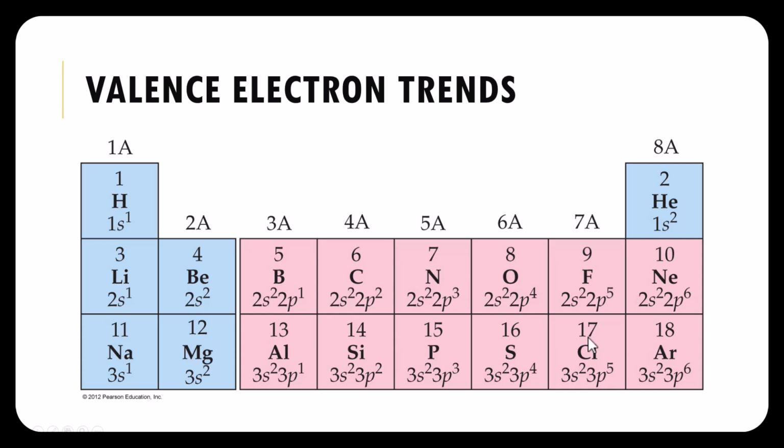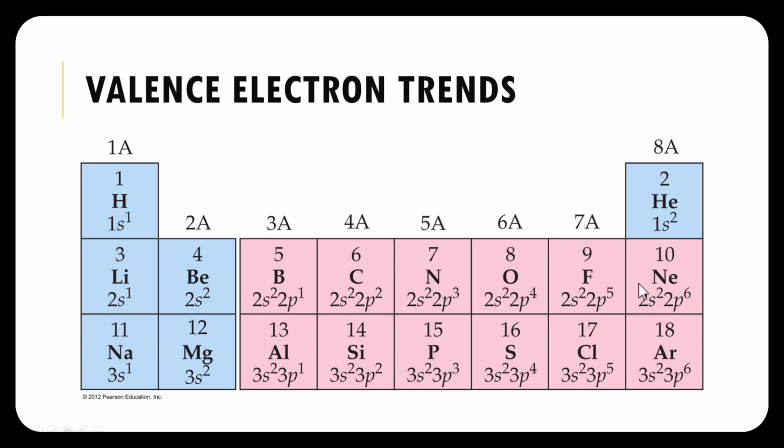So how does this connect to electron configurations? Well, as we are moving across the periodic table, when we're in this first column, that's where we put that first electron into the new energy level. So for example, sodium here.